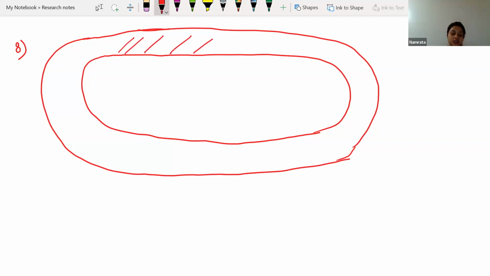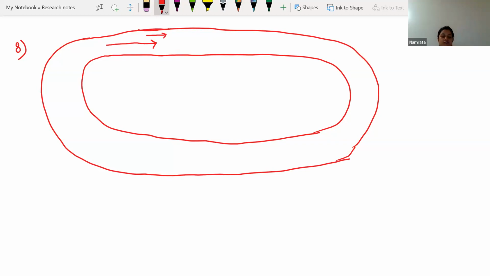Like you can understand, it's a track where the question says the figure represents a racing track. So it's a racing track. Here only people can run, can do competition or whatever is going on, it's going on over here only. Nothing in the middle.